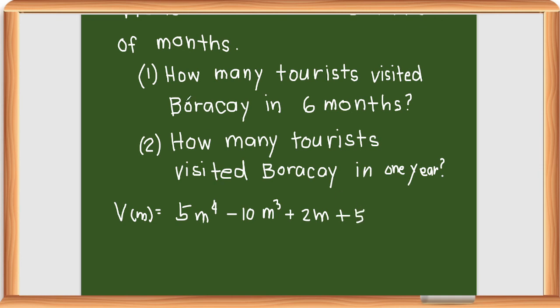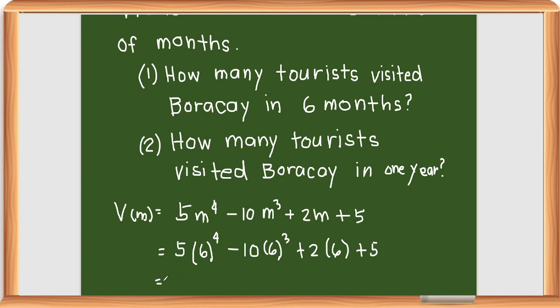So, we're looking for how many tourists visited Boracay in 6 months. So, substitute 6 here, because M stands for the months. So, instead of M, let's put 6. We're just evaluating the polynomial function here. 5 times 6 to the 4th power minus 10 times 6 cube plus 2 times 6 and then plus 5.